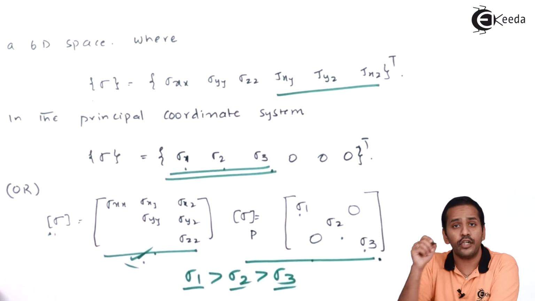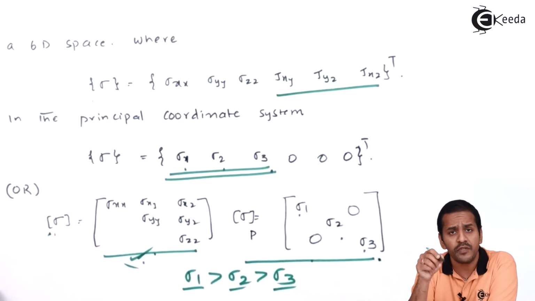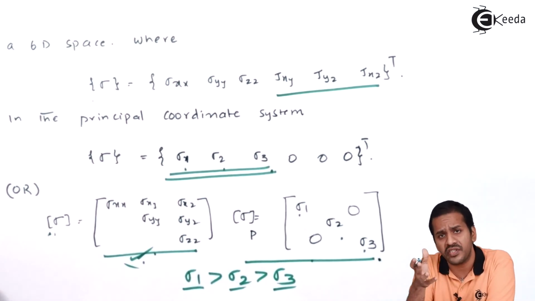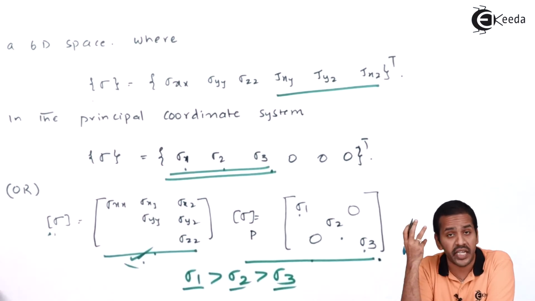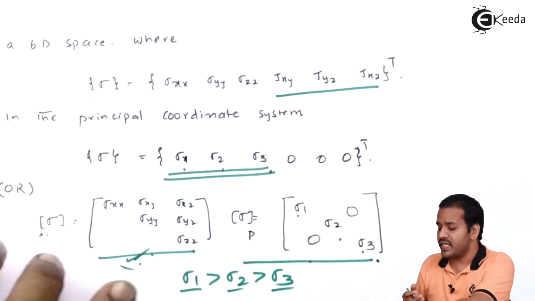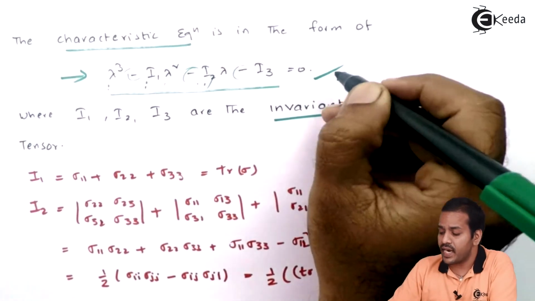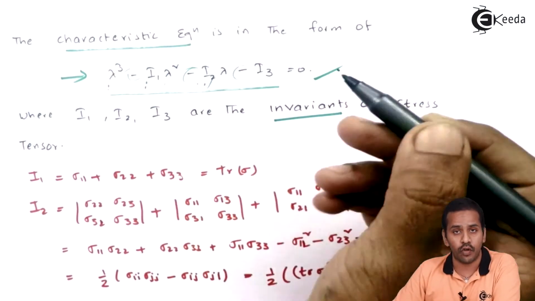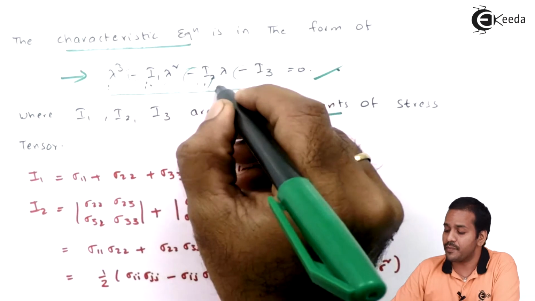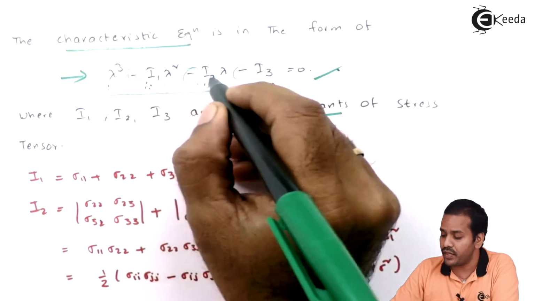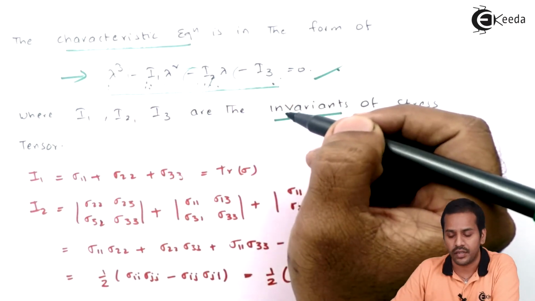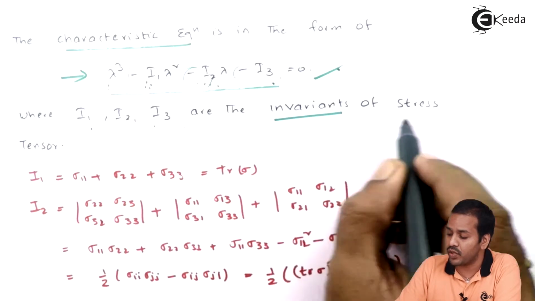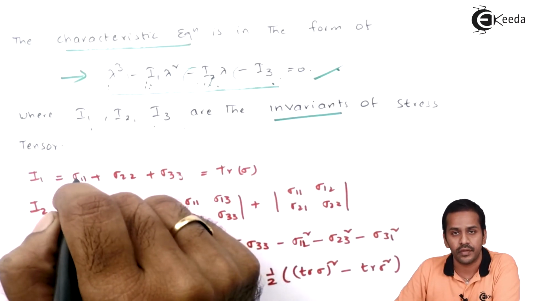So for the stress tensor to be the same, the principal values must be the same. That is, max min values must not change, even if the components change. That is, the characteristic equation must be the same. So for this characteristic equation to be the same irrespective of the coordinate system, these coefficients I1, I2 and I3 must not change. That is why these I1, I2, I3 are called the invariants of the stress tensor.